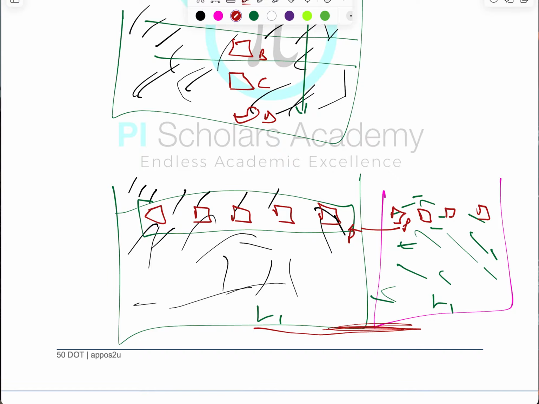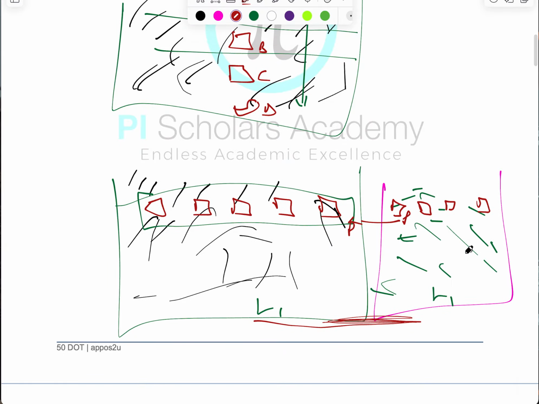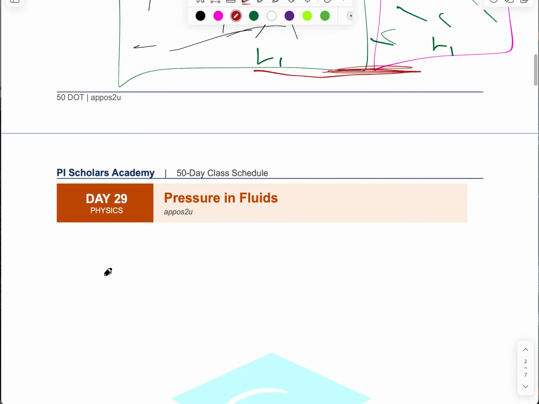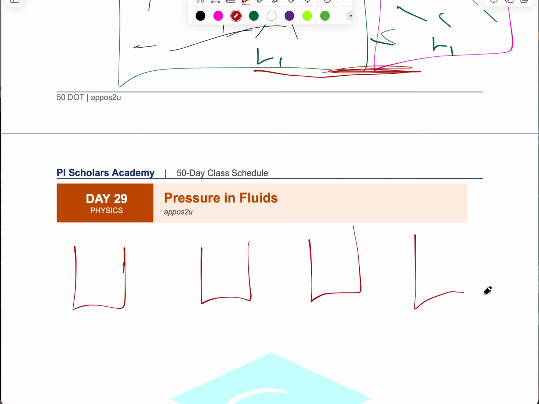But now, what if you have liquids of different densities? Let's say in this place you have liquid 1, liquid 2, liquid 3, and liquid 4. Permit me to just assume that the liquid is filled already.